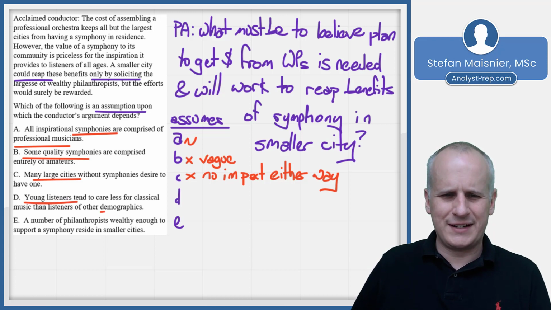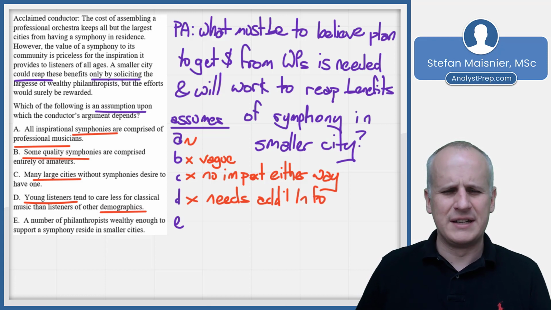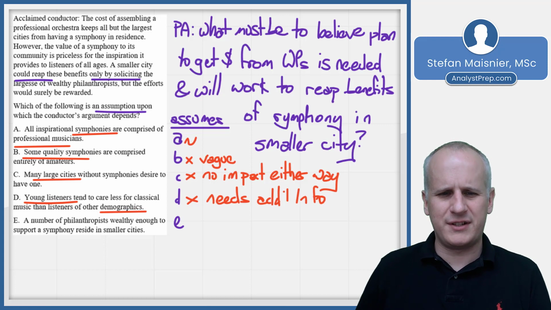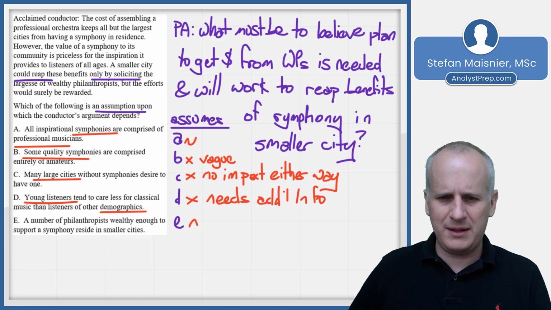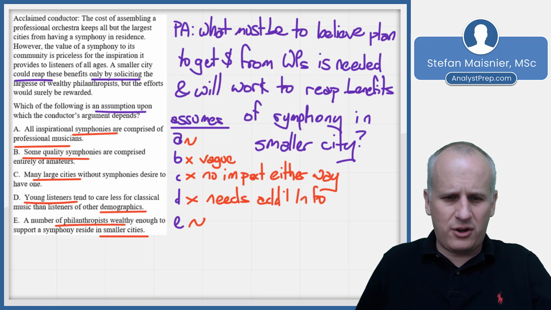Well, this introduces an entirely new concept of listeners, so this is going to need additional information to see how it's going to impact our plan with the wealthy philanthropists. And then we've got choice E, a number of philanthropists wealthy enough to support a symphony reside in smaller cities. Well, I might hold on to this as well, because at least, again, we're talking about philanthropist wealth, symphonies, smaller cities, all terms that are clearly in our paragraph.